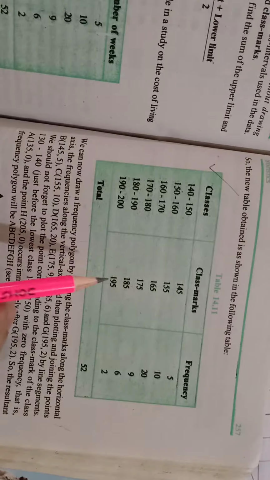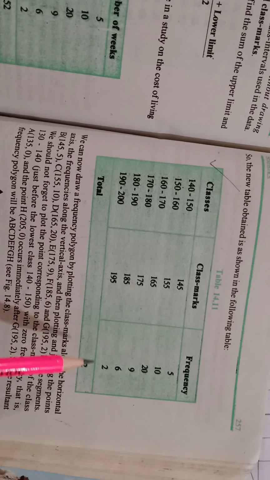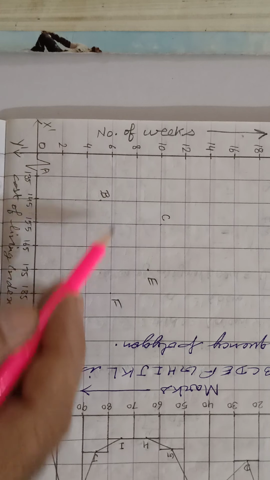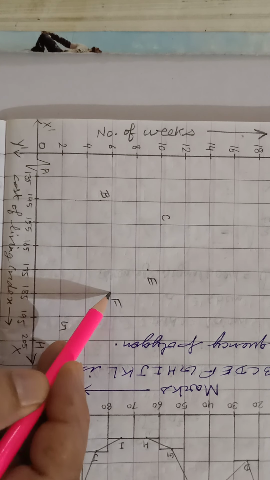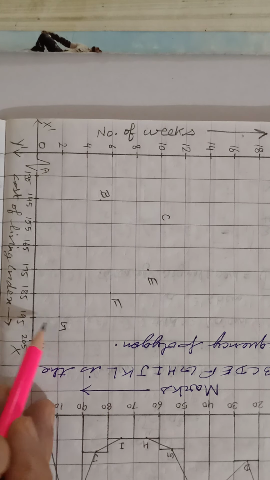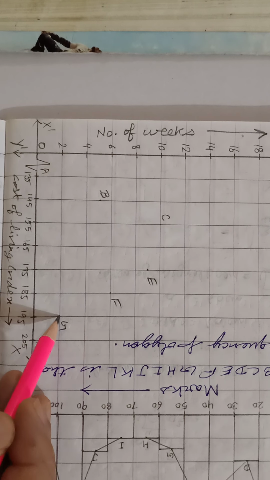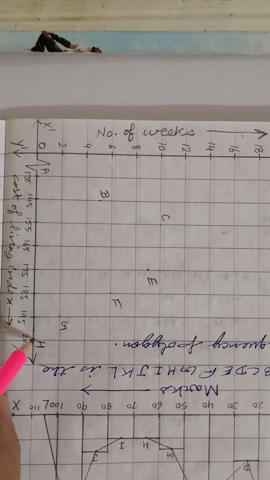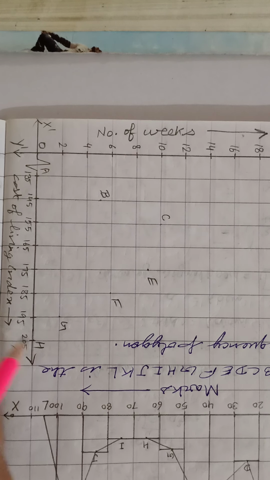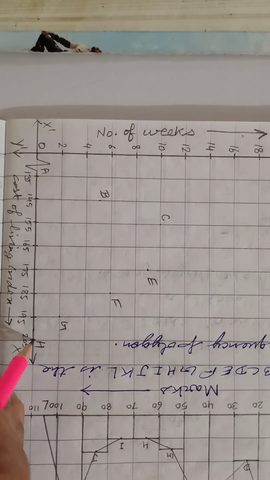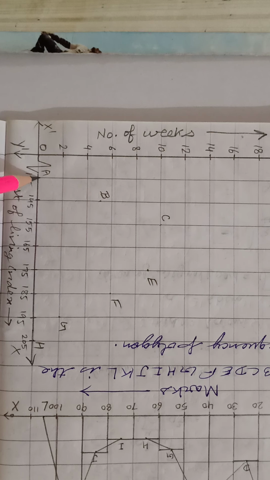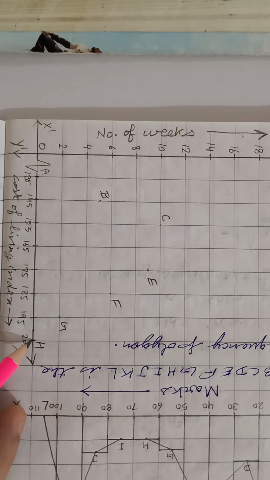And next, 185, 6 and 195, 2. 185, 6, this is your 6. 185 represent and 2 represent 195. And 195 plus 10 is 205 and 145 minus 10 is 135. We represent this point by A and this by H.